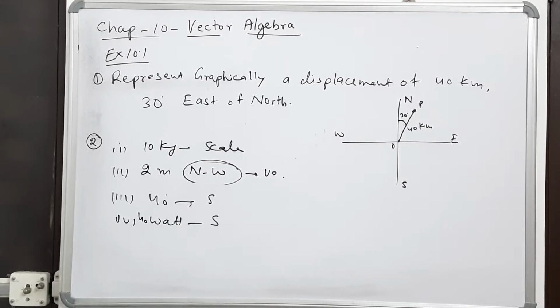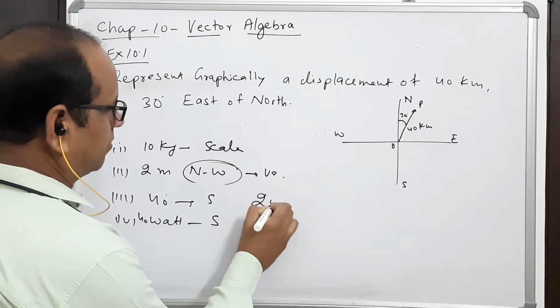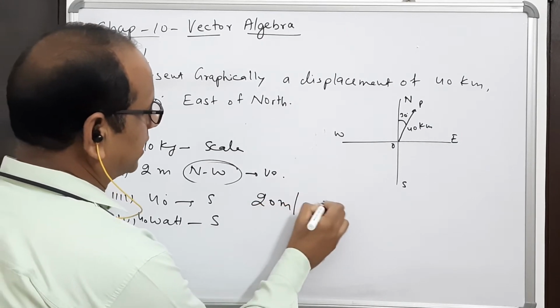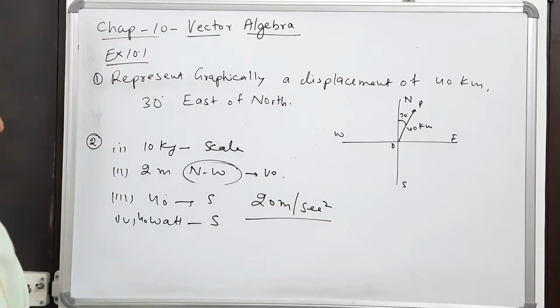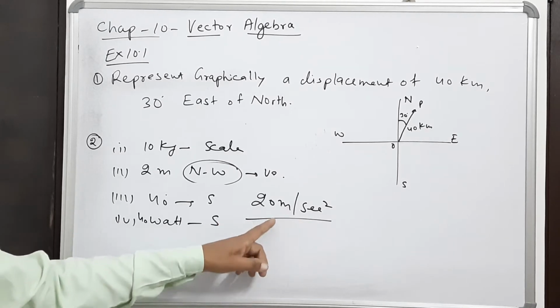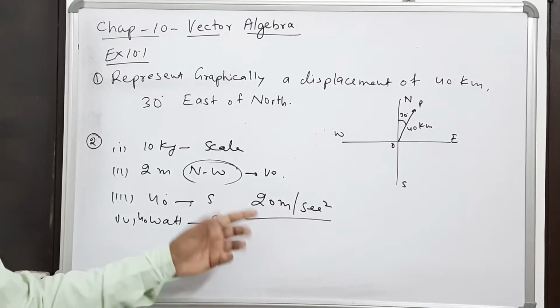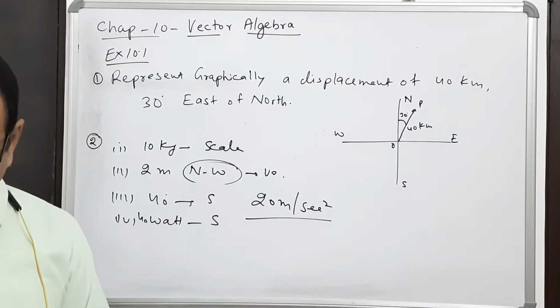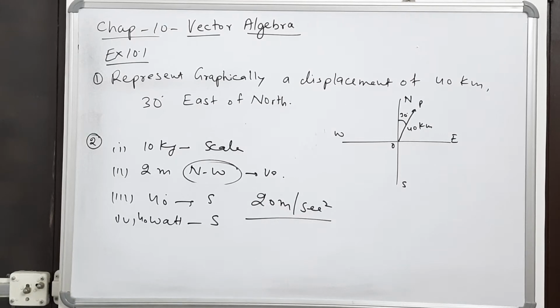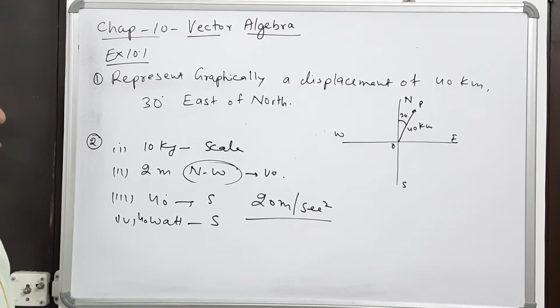The last is 20 meter per second square. This is the unit of acceleration, and definitely it will be a vector quantity. So in this way, we can classify the scalar quantity and vector quantity. Similarly, the third problem is also based on this.